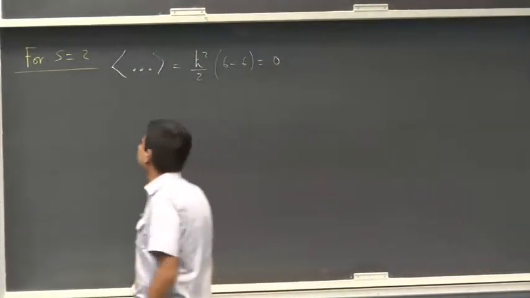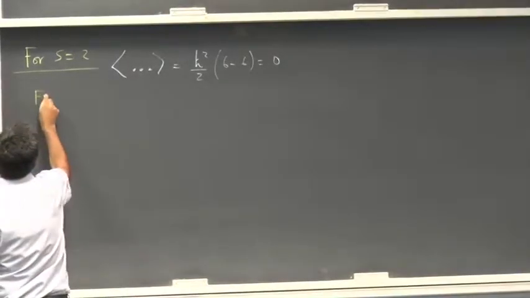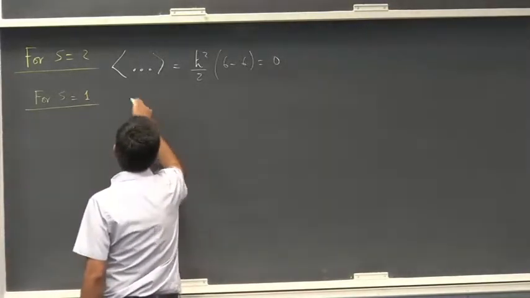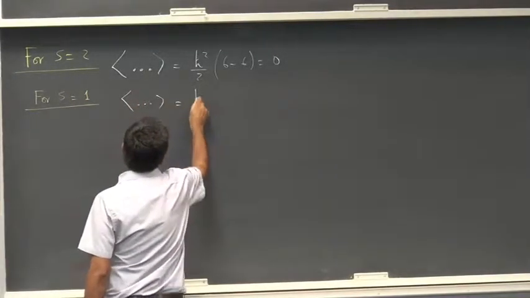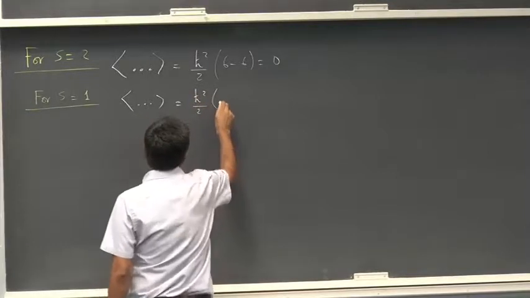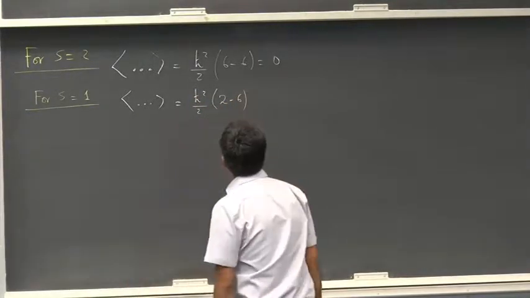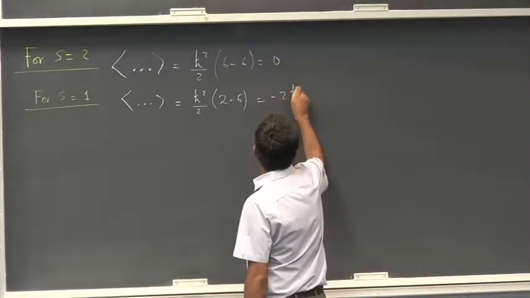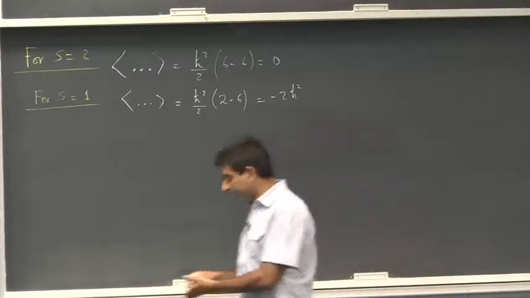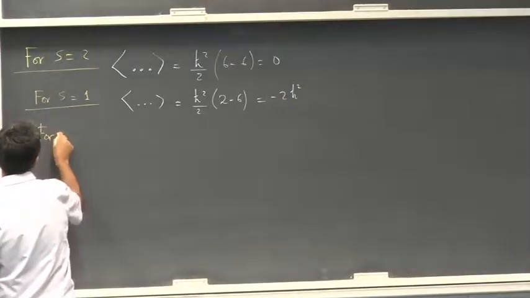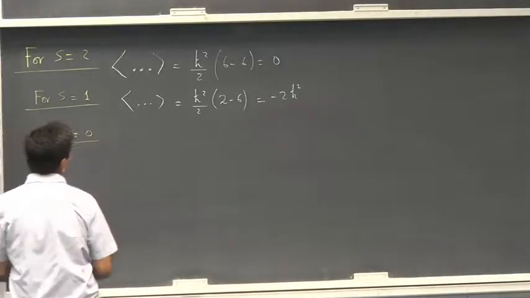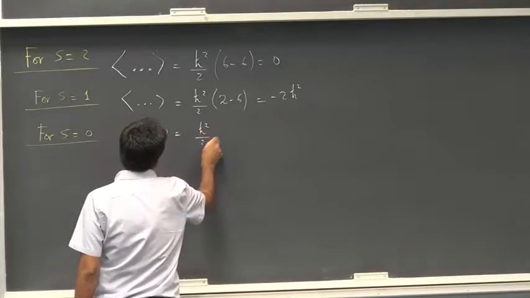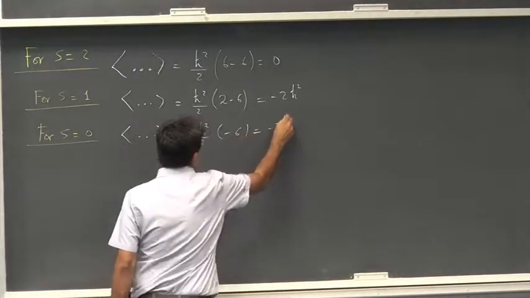For S equals 1, the expectation value is h bar squared over 2 times (2 minus 6). What is 2 minus 6? Minus 4, so minus 2 h bar squared. And for S equals 0, the expectation value is h bar squared over 2 times minus 6, so minus 3 h bar squared.